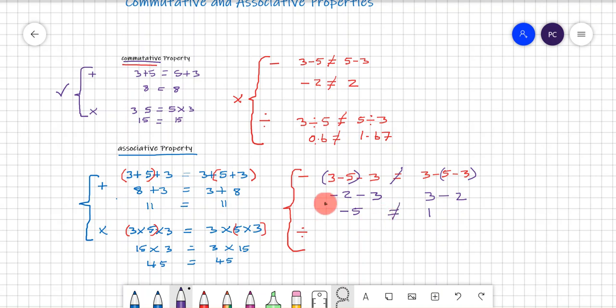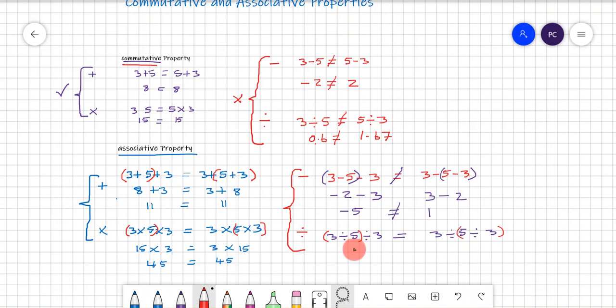And likewise, if I was to do 3 divided by 5 divided by 3 equals 3 divided by 5 divided by 3. So again, let's say if I was to do this one first in the first operation and then do this one second in the next operation.